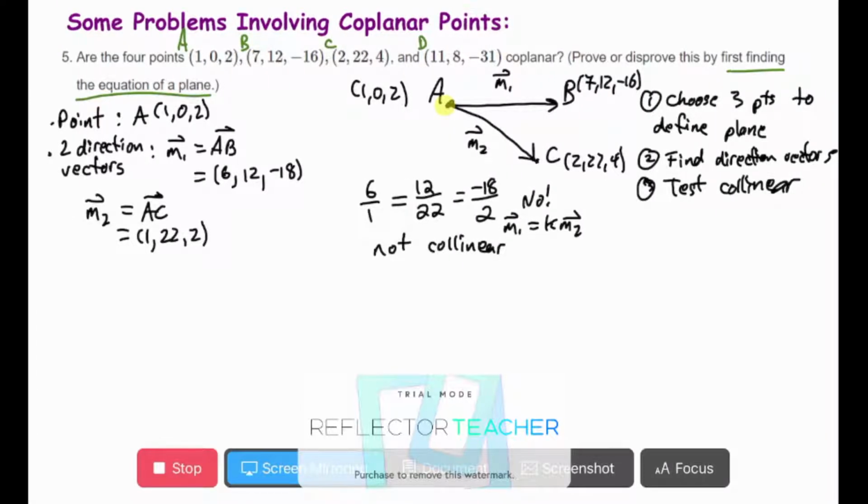And what I'm going to do with them, remember, I want to find it in the Cartesian formula, which means I need the normal. How do I find the normal vector to 2 other given vectors? Use the cross product. So we tested collinear. Step 4, we're going to find n using cross product.